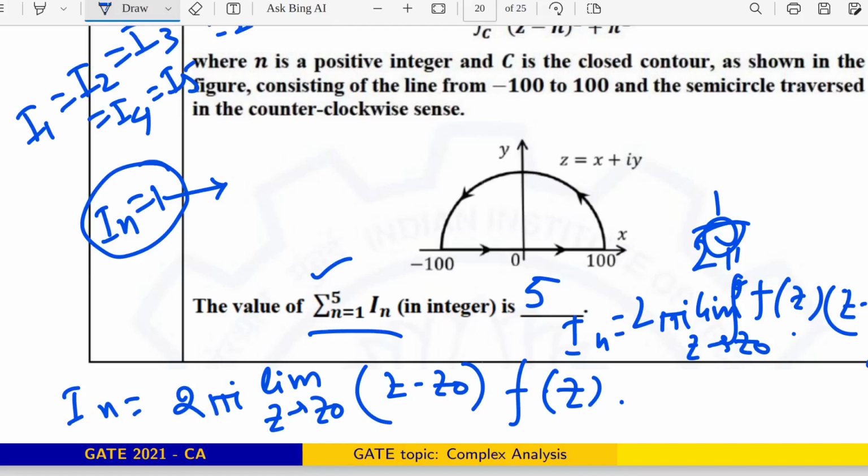This is the case, and it is only possible if we have a counterclockwise contour.